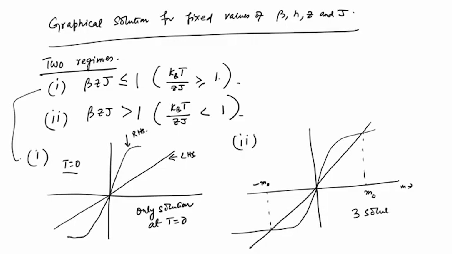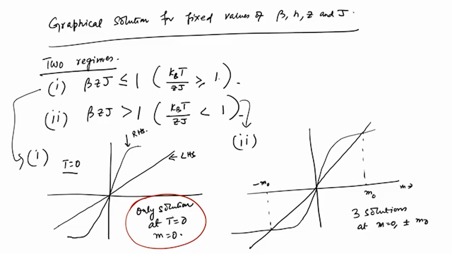So, this corresponds to this and this corresponds to this. So, 3 solutions at m equal to 0 and plus or minus m0, and in the other case m equal to 0 is the only solution. So, we get T equal to 0 as an idealized case, where no ordering is possible.